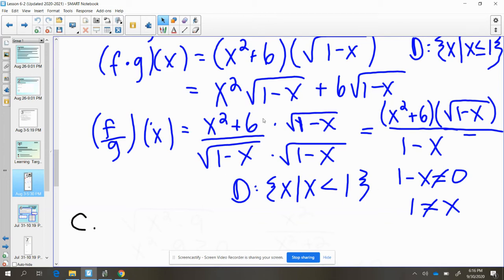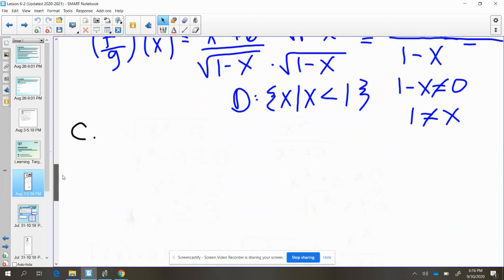Now here, in order to get this simplification, just to take a little step back, we multiplied by the conjugate in order to get the square root to go away, and then up top we can just leave this like so. I don't have to expand out. Really, we wanted to see here this value to be able to set equal to 0 to again see if our domain got affected.